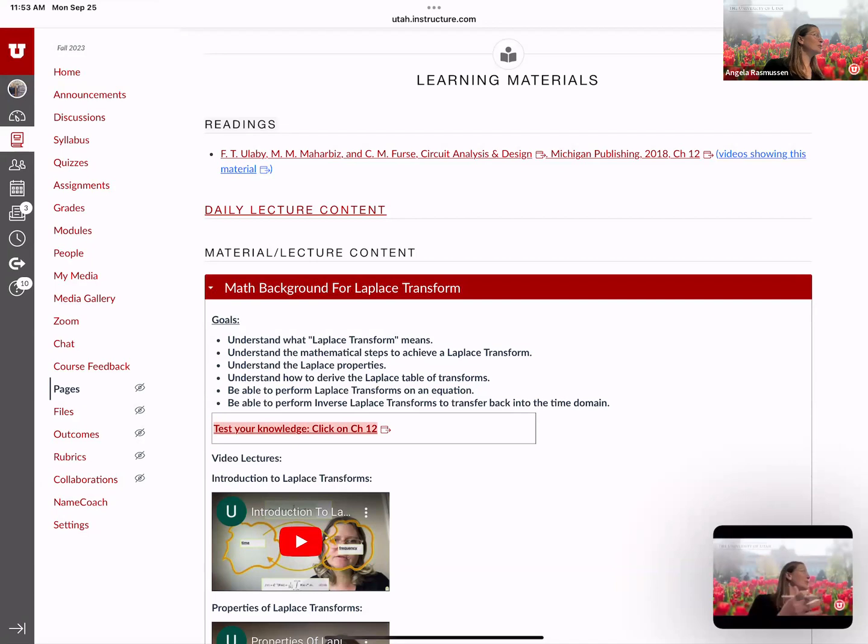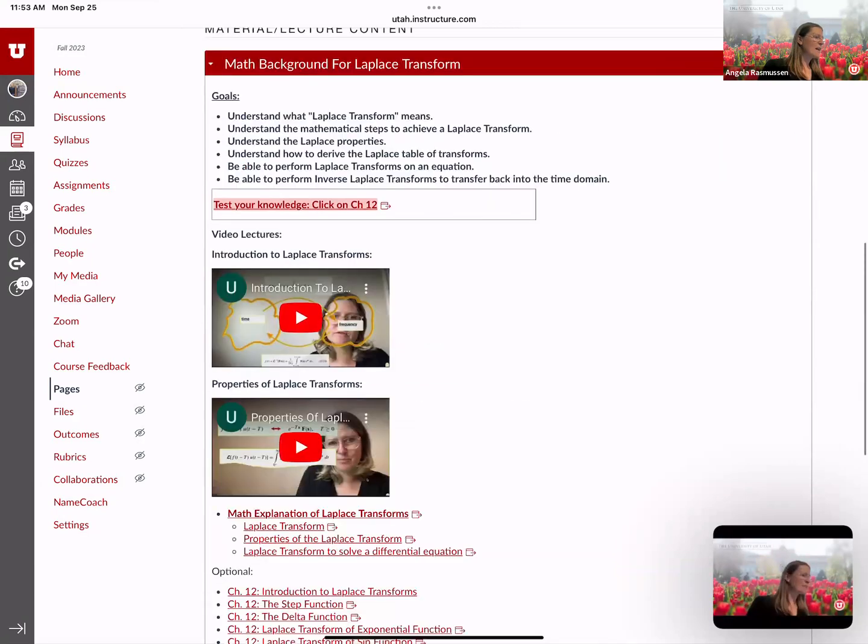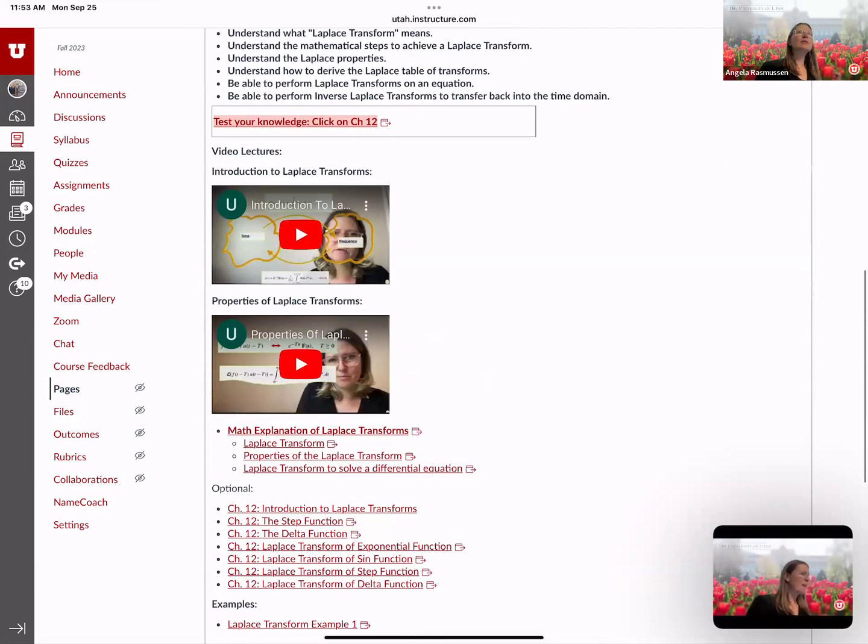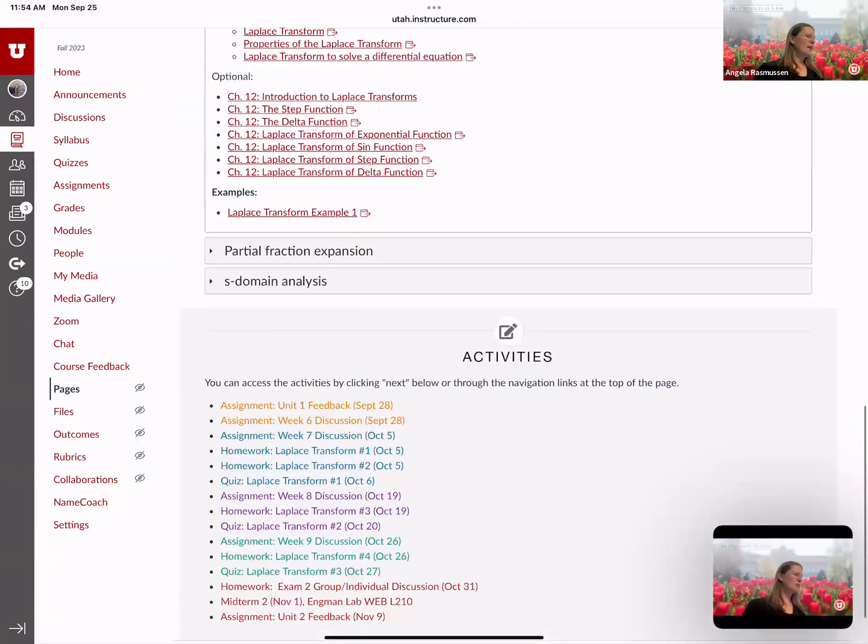Go back and watch the introduction to Laplace transforms. It's under 10 minutes, and if you view it on double time, it's even quicker. It will give you a better brief introduction to what we're doing. Then go through the properties of Laplace transforms and really understand what steps are being taken.